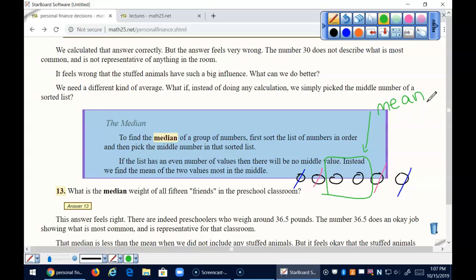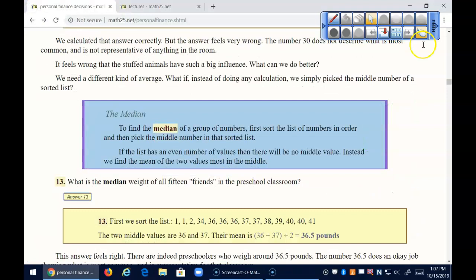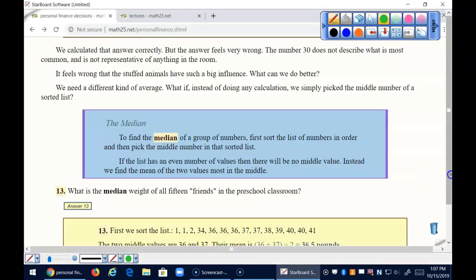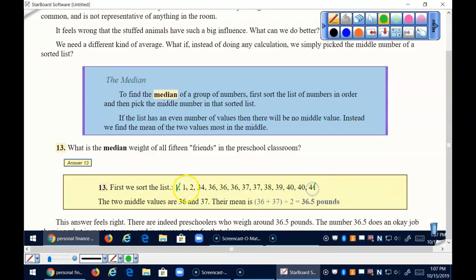So if we say, what's the median weight of all the friends in the classroom, I'm going to sort the list. Again, I'm going to peek because I don't want to have to list out everything. We'll cross out the values. Get rid of that, get rid of that, get rid of that.